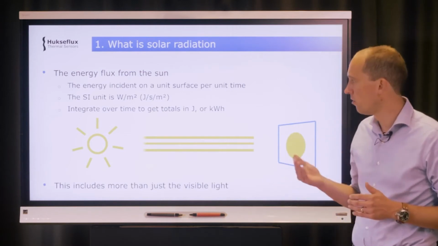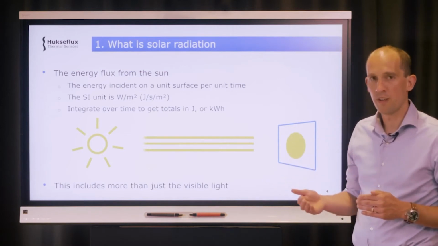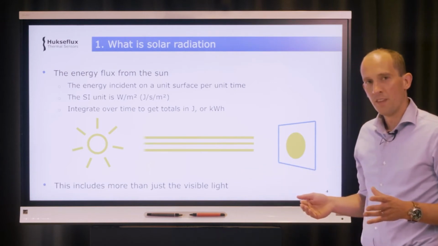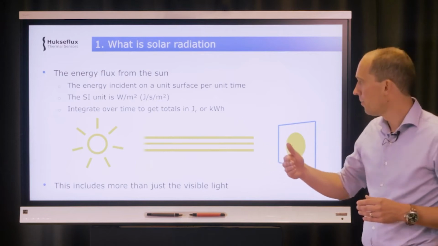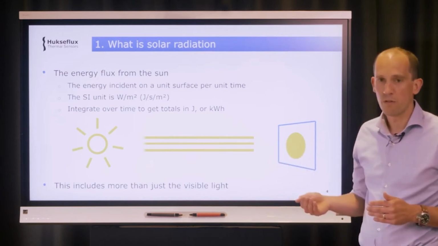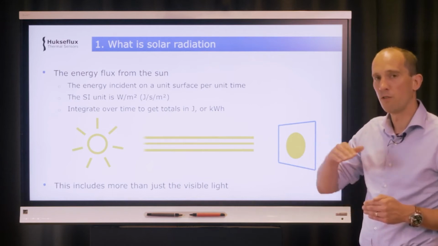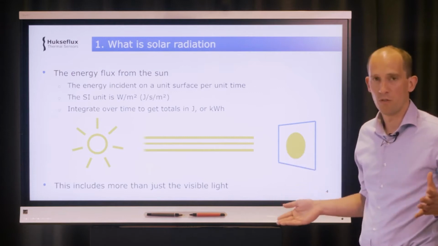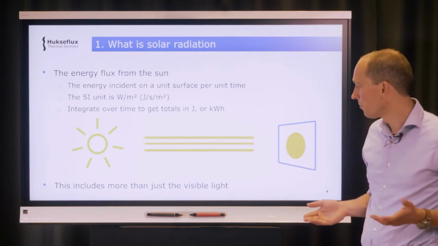If you integrate that measurement over time, you get joules per area, or kilowatt hours. So you can integrate that to get the complete energy on a certain surface, for example during a complete day.